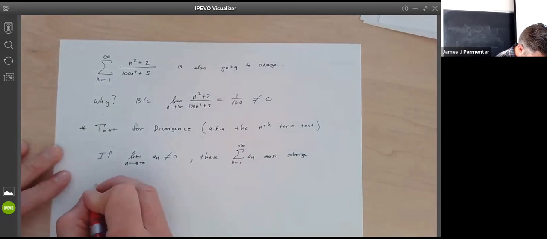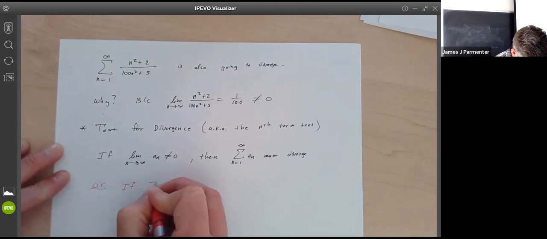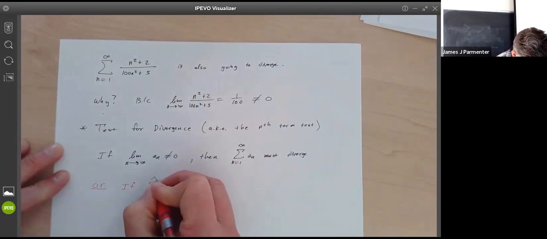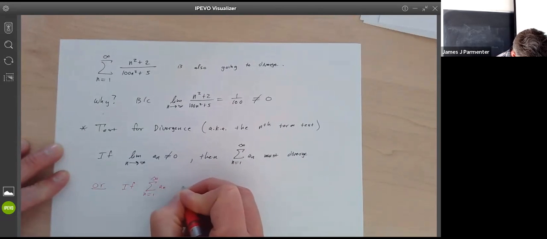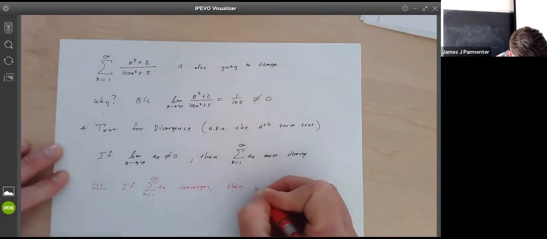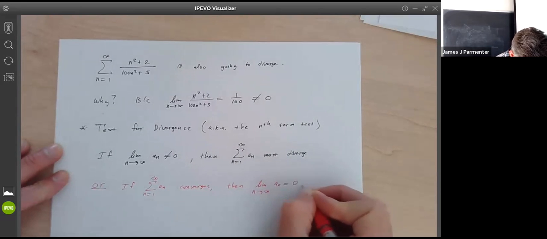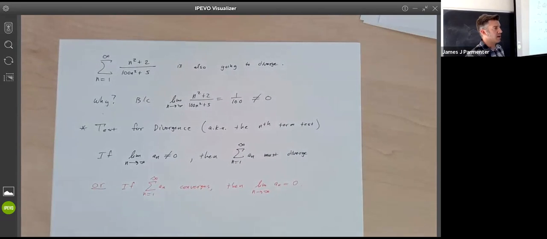Equivalently, you can say, if the series converges, then the limit of the sequence had to have been 0. Different ways of saying the same thing. So if a series converges, the sequence had to have a limit that was 0. And if the limit isn't 0, then the series must diverge.